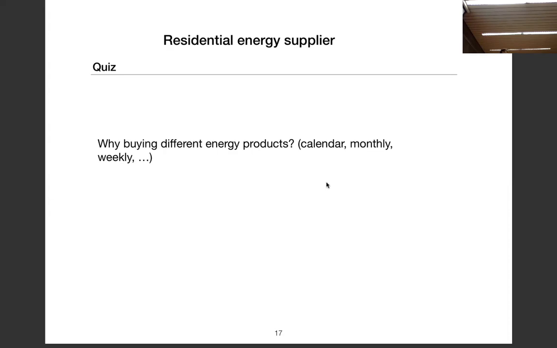And so the TSO will tell me, you're a balancing responsible party, you cannot do that. So you will pay a fine. And as an energy supplier, I do not want to pay a fine, otherwise I will go bankrupt. So that's why we buy different kinds of energy products to try to match the supply and the demand.